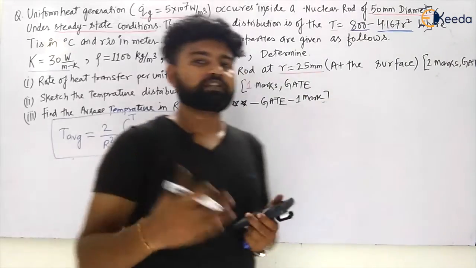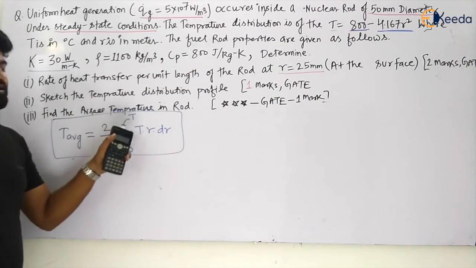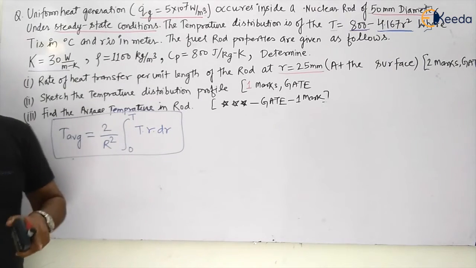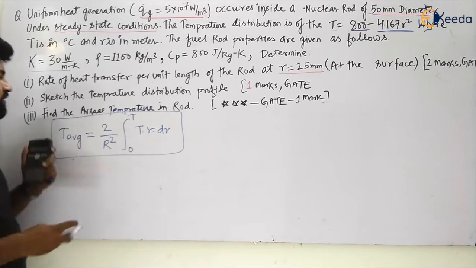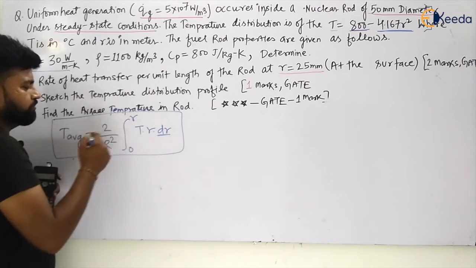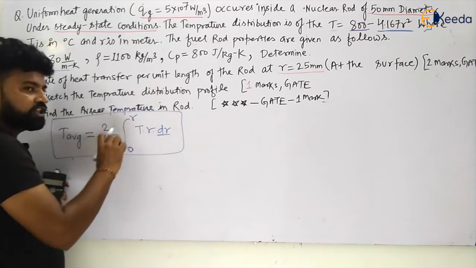Integrating with respect to this, the limits will be 0 to R, because we are integrating with respect to R. So from 0 to R, a temperature variation is there.